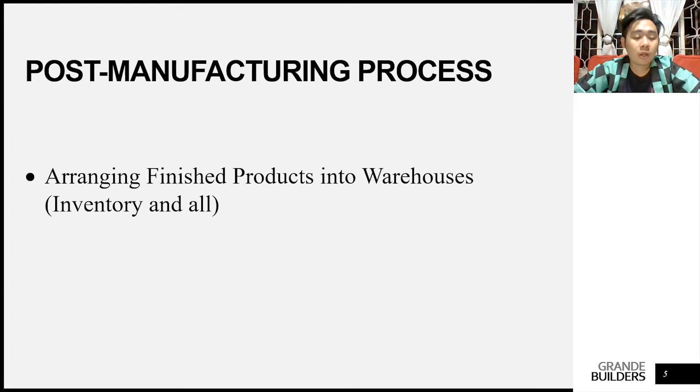So arranging our products to organize and be ready for shipping. Then after this is to deliver it to selling sites. So all of our products, after being organized, are ready to be delivered and sold into the selling sites or the market itself.